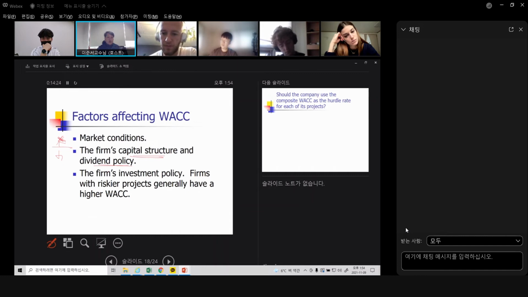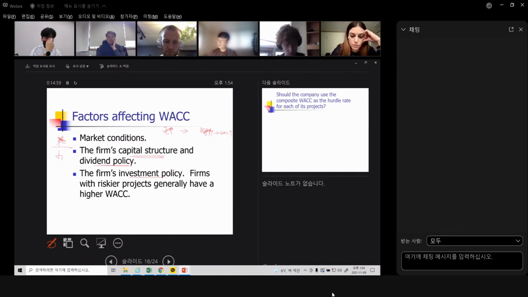Okay, so for example, market condition means, if the market interest rate is increased, then RD is increased, right? So the market interest rate can affect the cost of debt directly. So the cost of debt is increased, then WACC is increased. Okay.